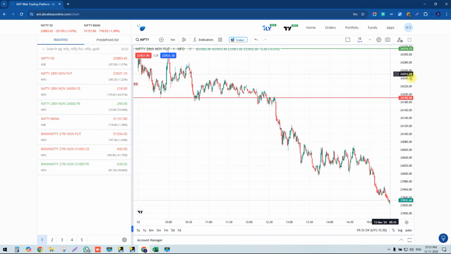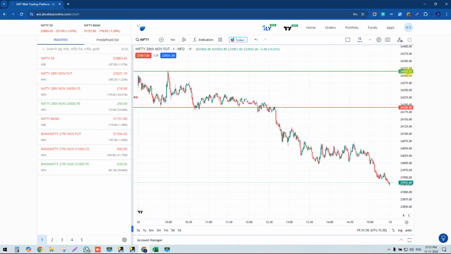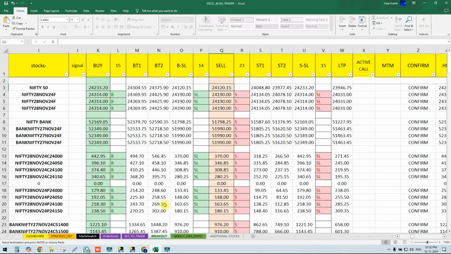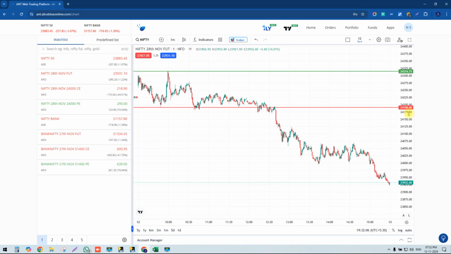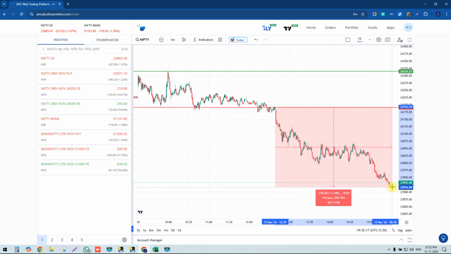This is Nifty futures, the buy level is 24,314, and the sell was generated at 24,190. I've marked it here. Here the sell was generated in our breakout strategy, and see how the market fell after our breakout strategy, almost 274 points.